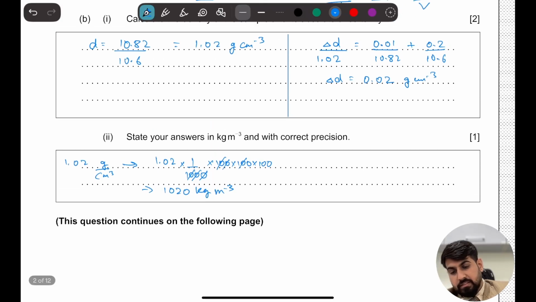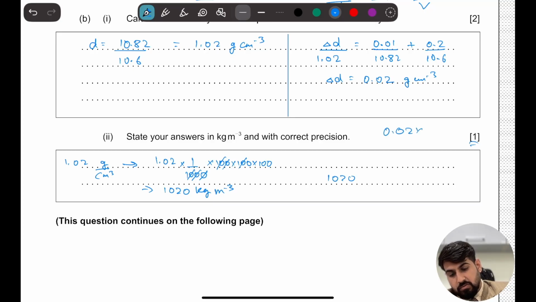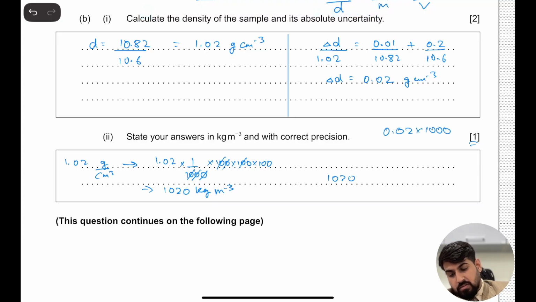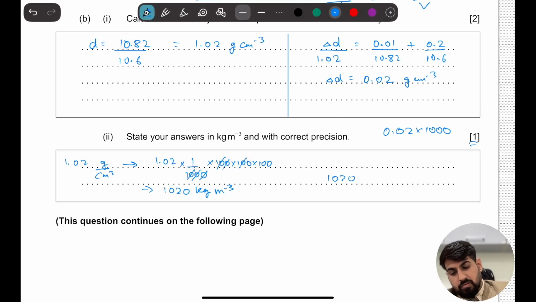And the same thing you have to do with delta D. So your final answer, because it is of 1 mark only, you can simply say 1020, and if you multiply 0.02 with 1000, it will be 20, so 1020 plus minus 20 kilogram per meter cube. So that will be your answer for the density.